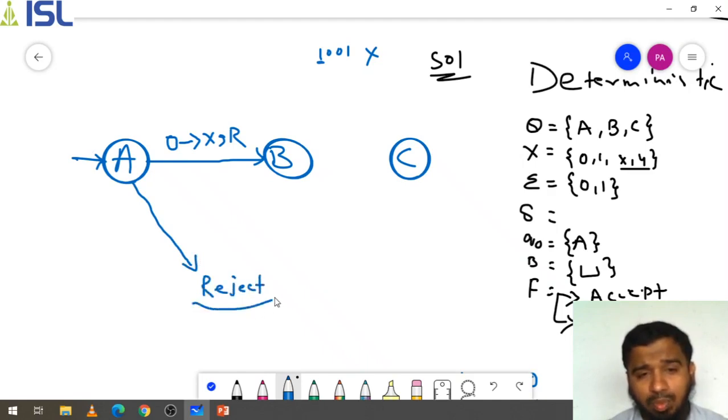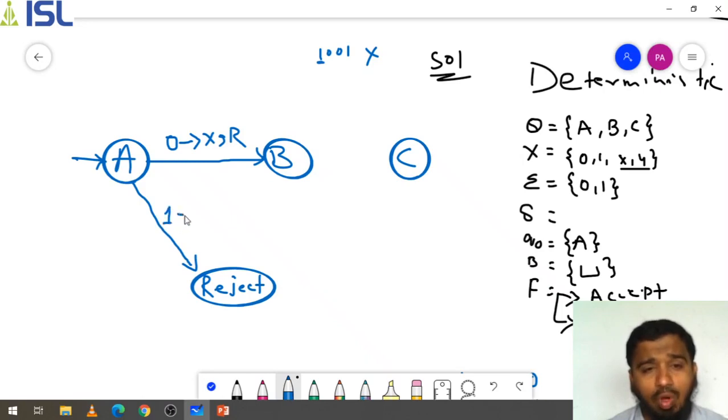Reject. So, this is reject. When will it be reject? When we have the input symbol 1, that is represented as y, comma, it should move to, so if it is 1, then 1 comma r. 1 comma 1 means 1 is represented as 1 only and comma r.